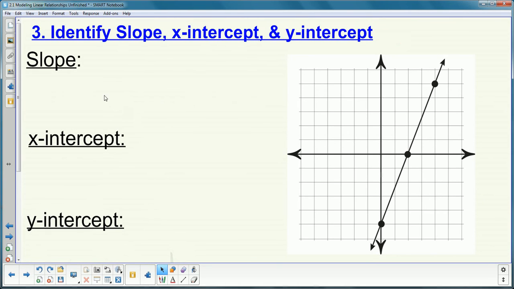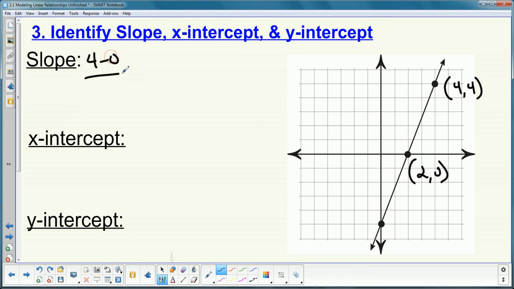Okay, moving on from there, then looking at our line. If I look here at this point, I have 2, 0, and if I look at this point, I've got coordinates 4, 4. Okay, so to find my slope, remember your dependent quantity is always the second number, so I'm going to take the difference of my dependent quantity over the difference of my independent quantity.